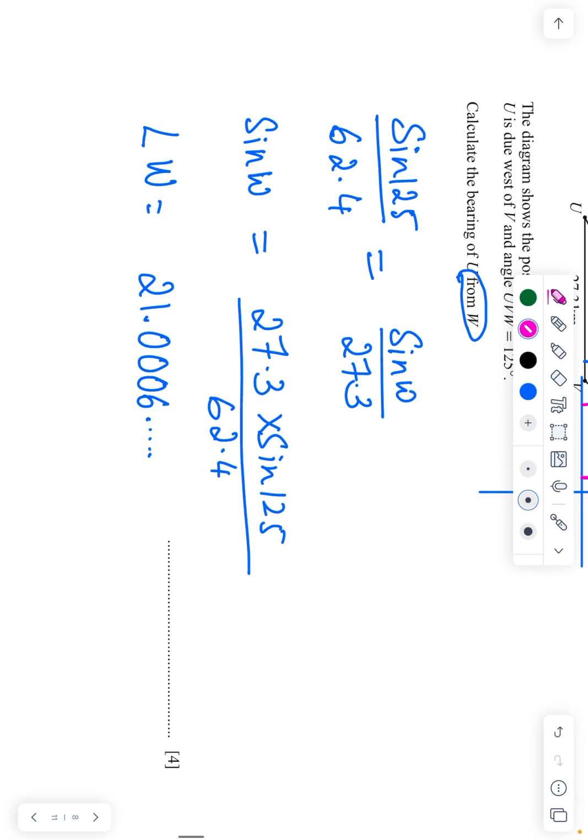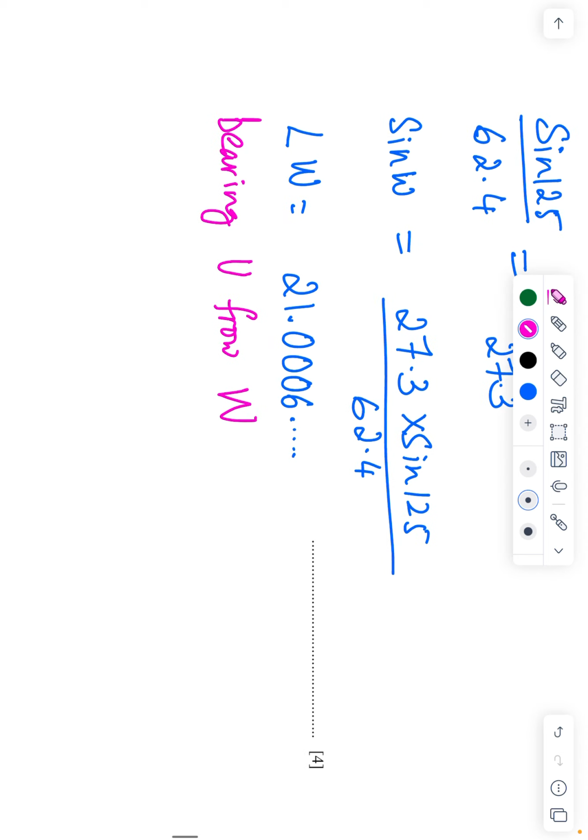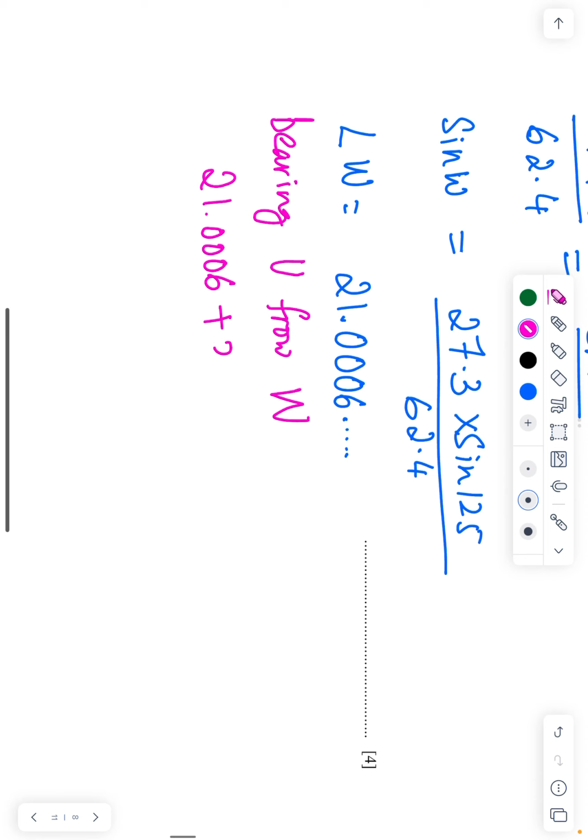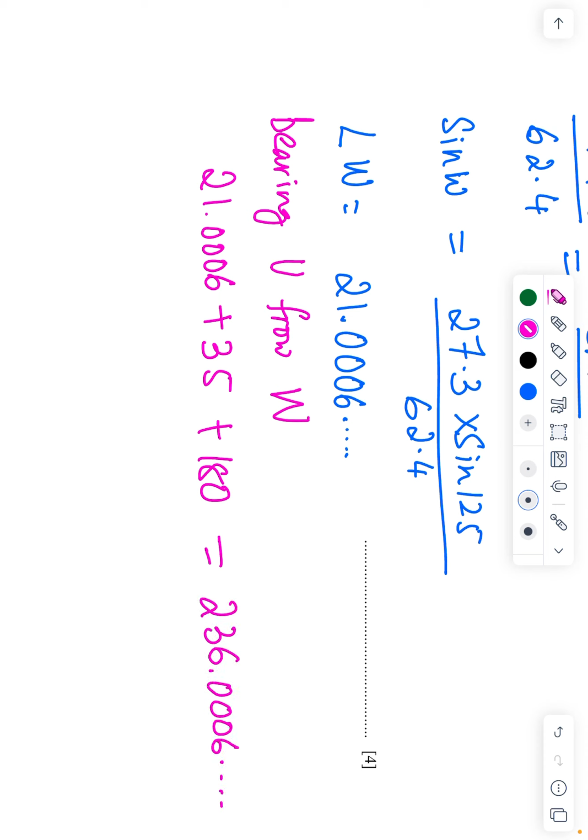So now I'm going to write the bearing of U from W is going to be 21.0006 plus the 35 and 180, which is going to be about 236.0006 and so on.